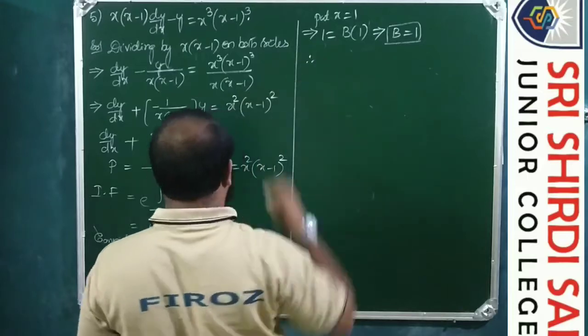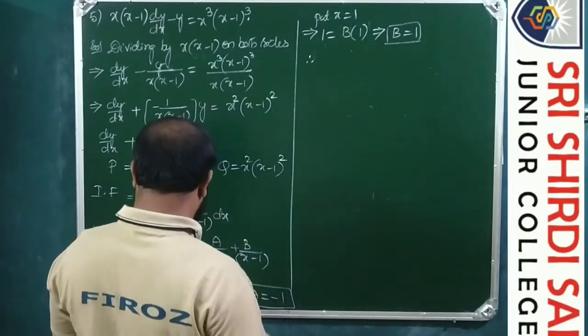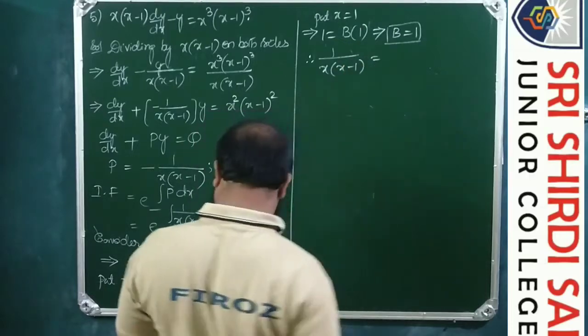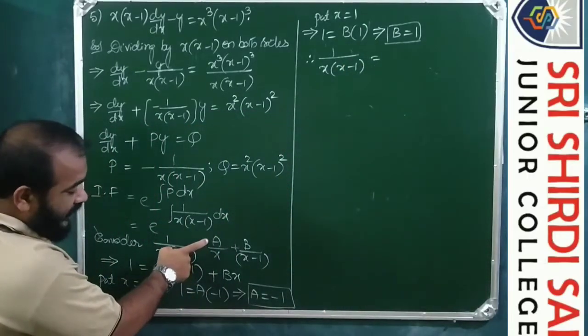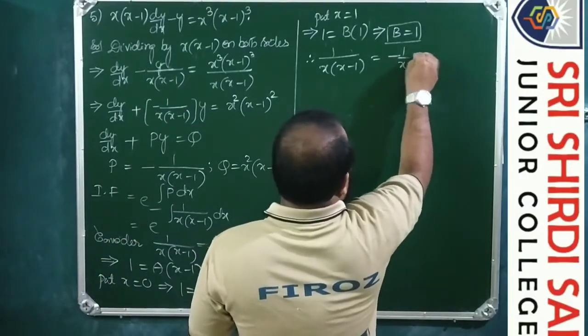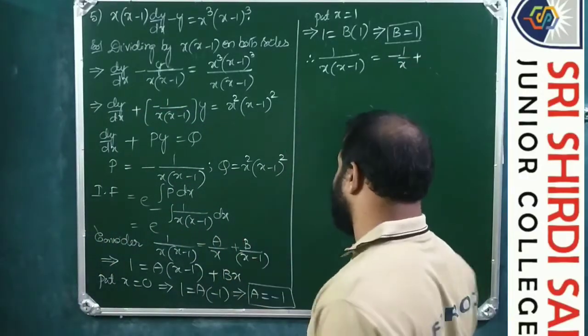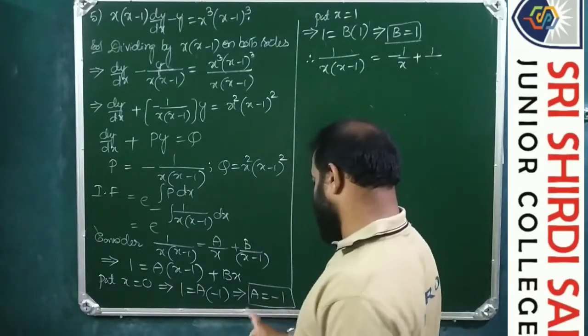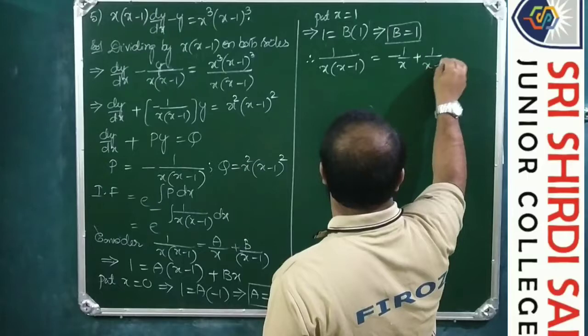Therefore 1 by x into x minus 1 is equals to, the value of a is minus 1 by x plus the value of b is 1 by x minus 1.